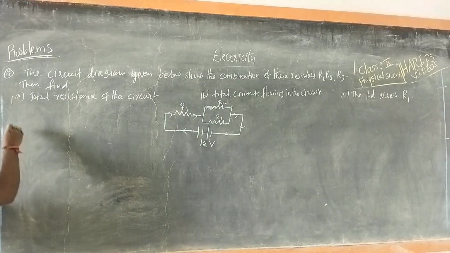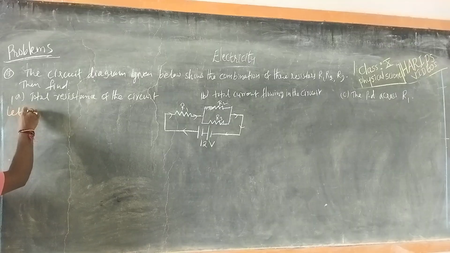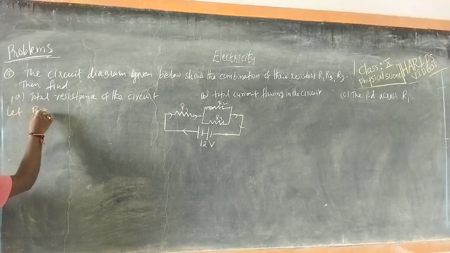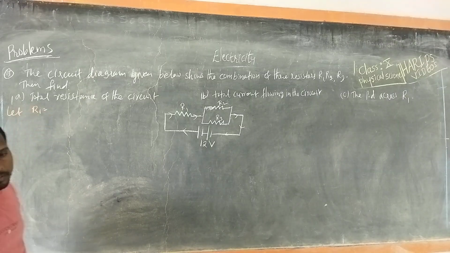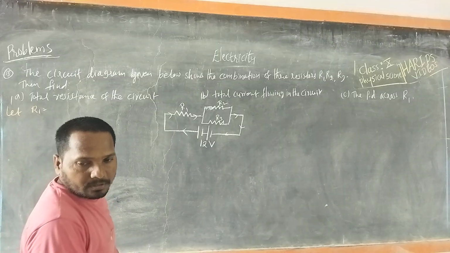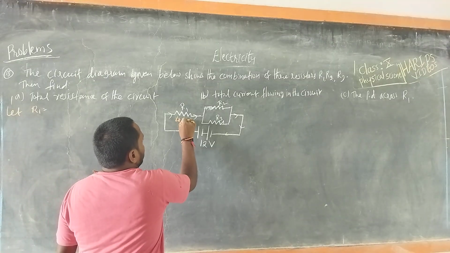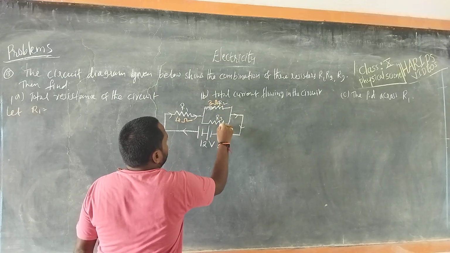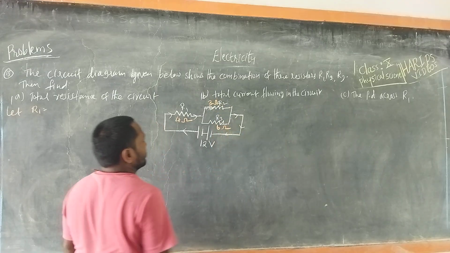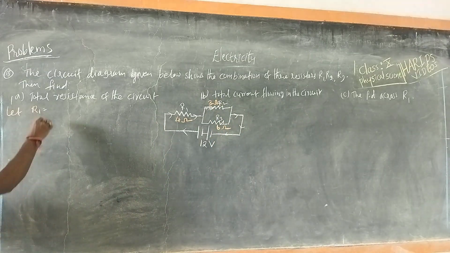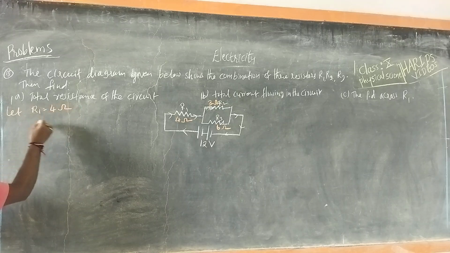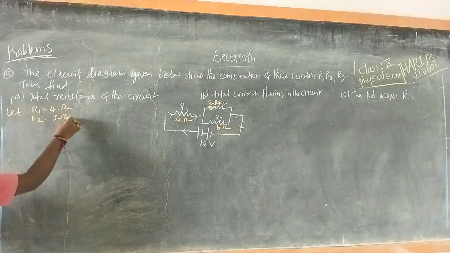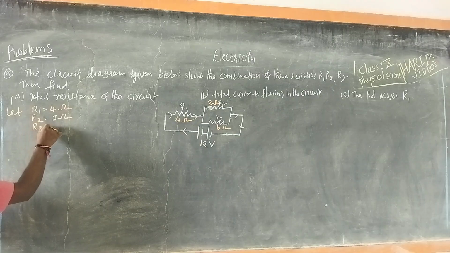Right. As usual, the values given are 4 ohms, 3 ohms and 6 ohms. R1 is equal to 4 ohms, R2 is equal to 3 ohms, R3 is equal to 6 ohms.